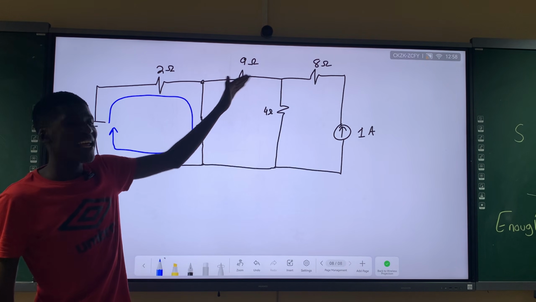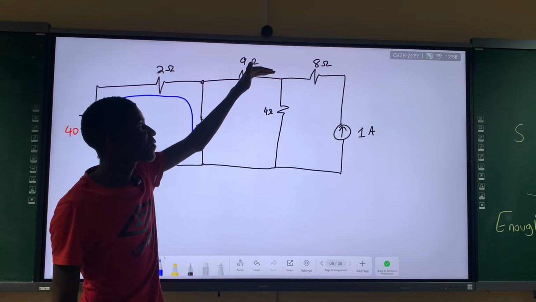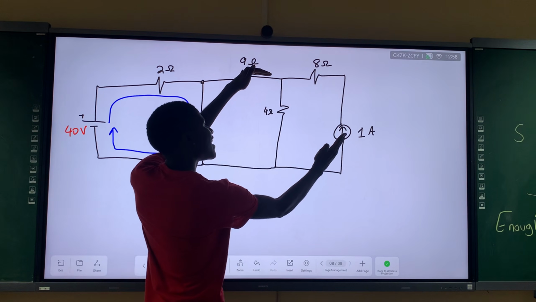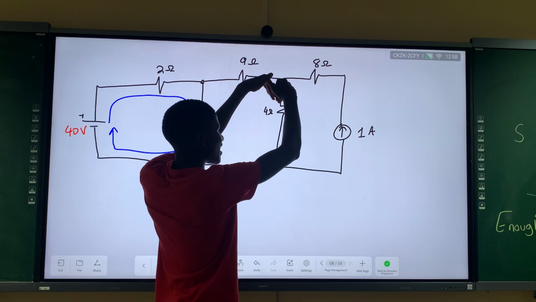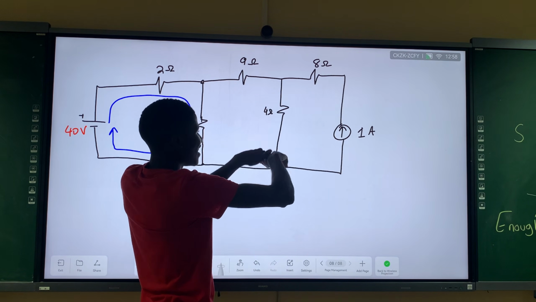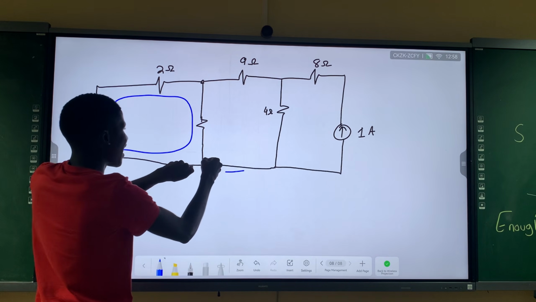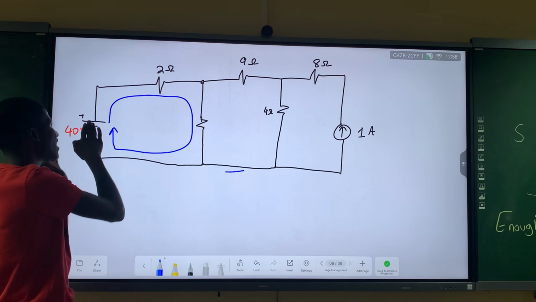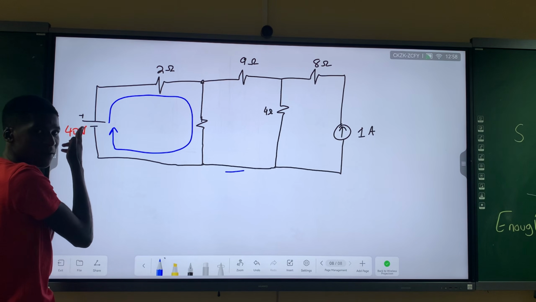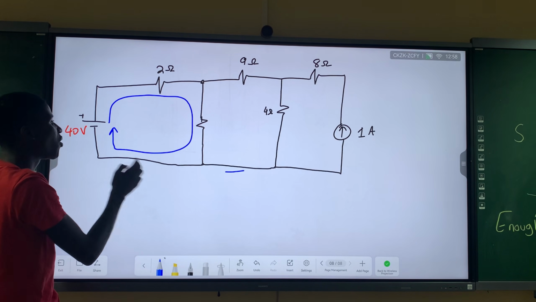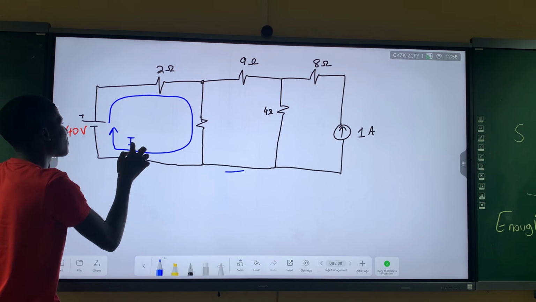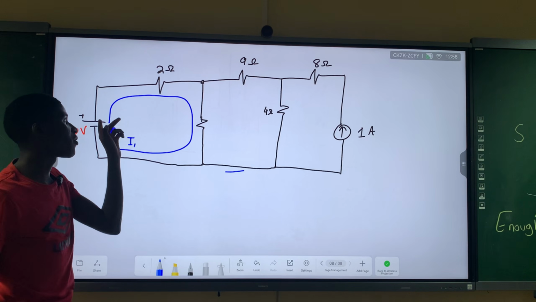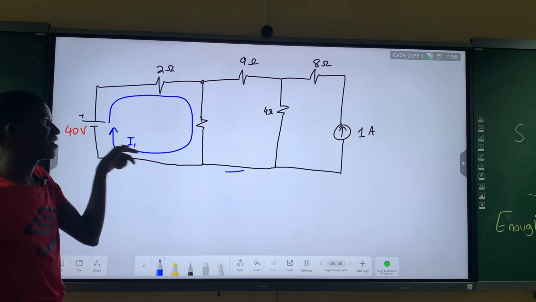This one going this way, what will it do? It will meet the one from the current source and they combine here, right? They split again and then this comes here and then goes back to where it was. And remember, the current leaving must be the same current going back to the current source. So essentially, this is my I1.